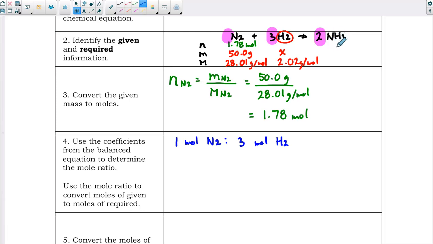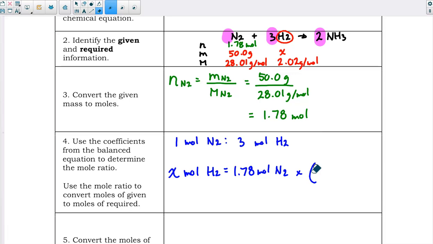We are not interested in NH3 in this particular example, so we're just going to focus on these 2 reactants. And so to find the X moles of H2, what are we given? Well, we just calculated 1.78 moles of N2, and we're going to multiply this by the molar ratio.